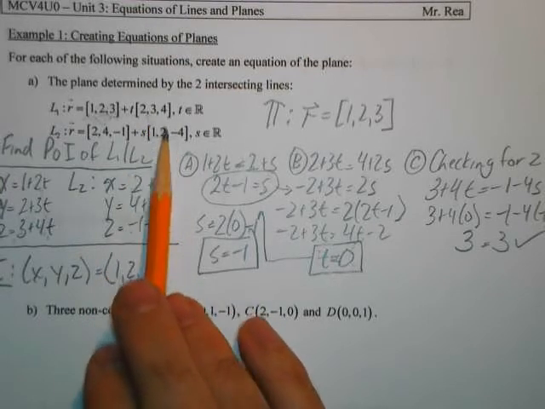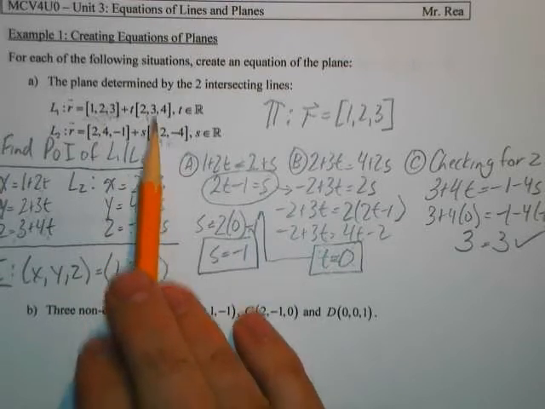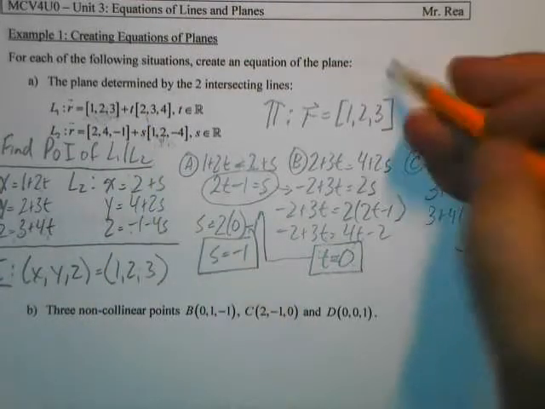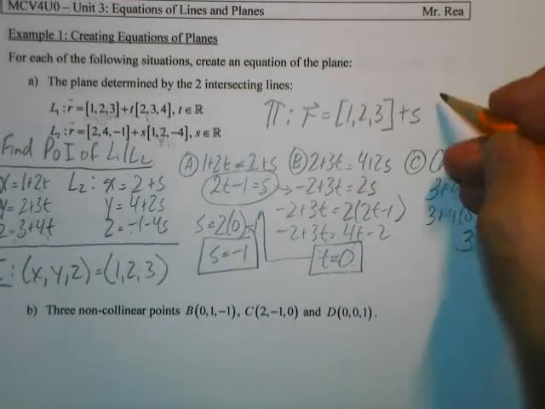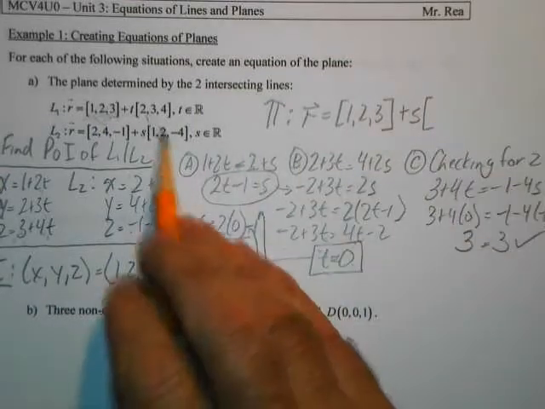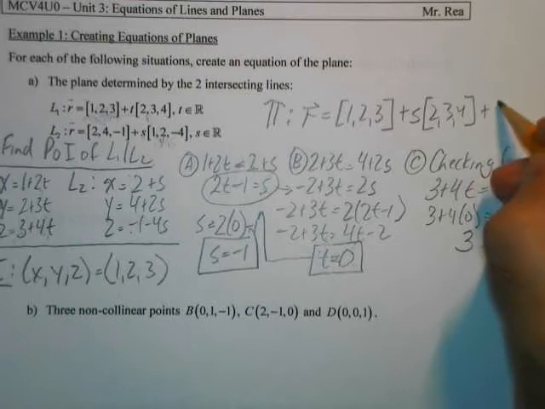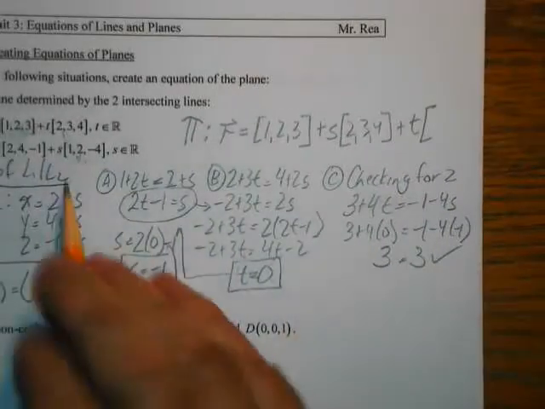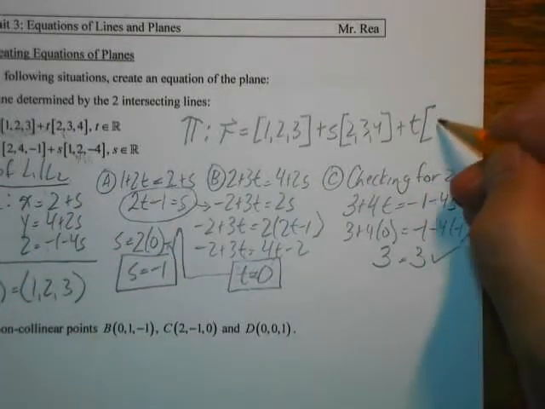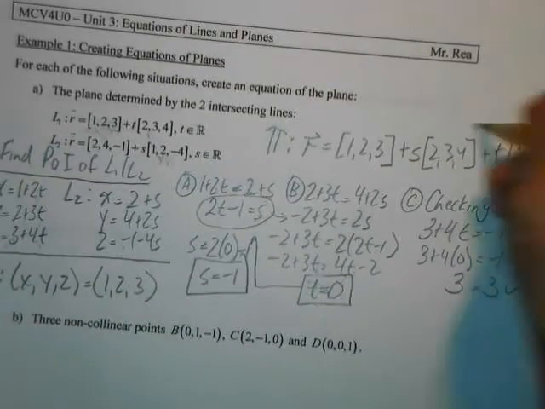You do a quick little check here, and you can see these are not scalar multiples of each other, so I can use them both. So I'm going to do my scalar variable s times the first direction vector, 2, 3, 4, plus t, my second scalar variable, times the direction vector of the second line there, 1, 2, negative 4. And there you have your plane.